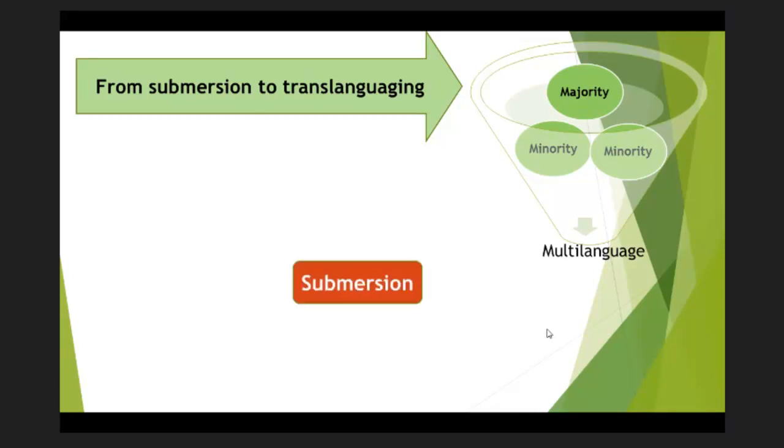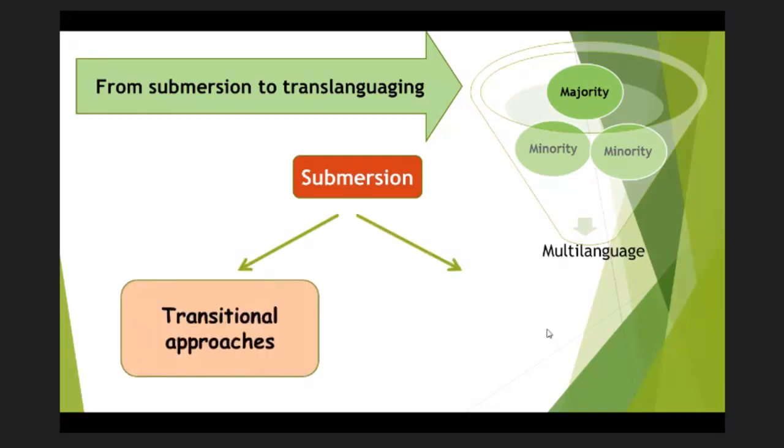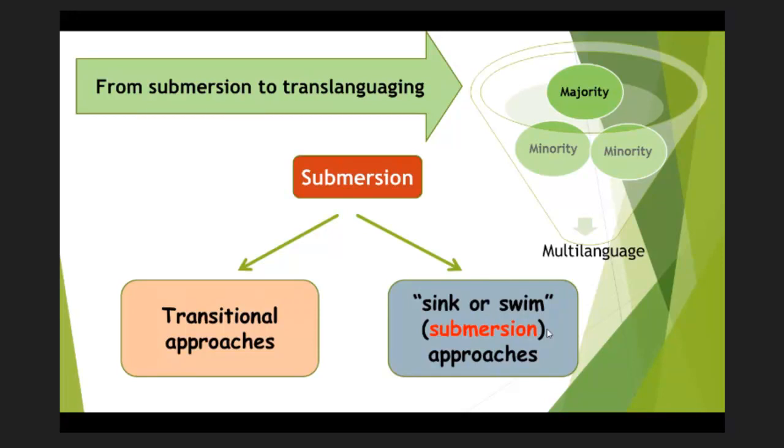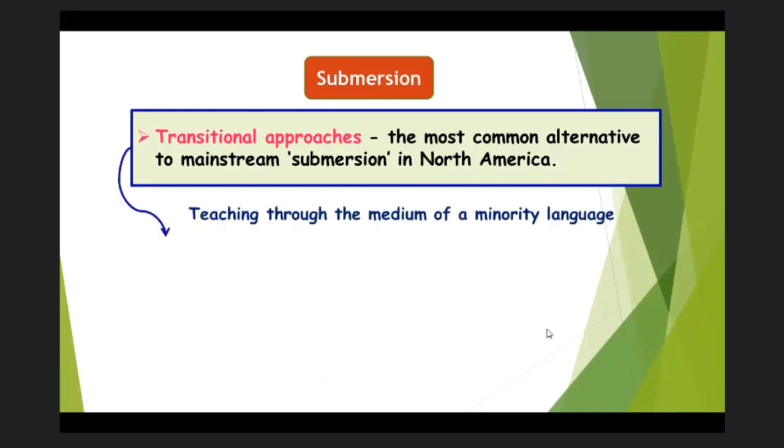And for the first model, submersion, I will discuss two approaches of this model. The first one is transitional approaches, and the second one is sink or swim, or we can call it submersion approaches.